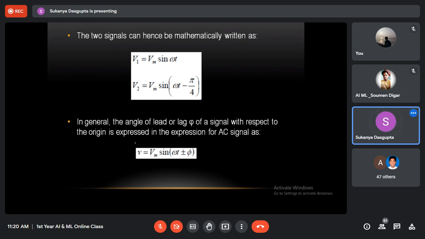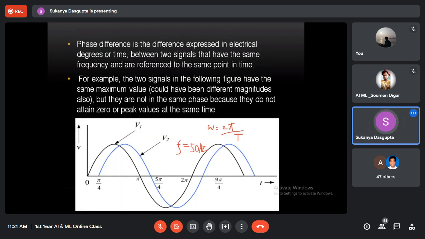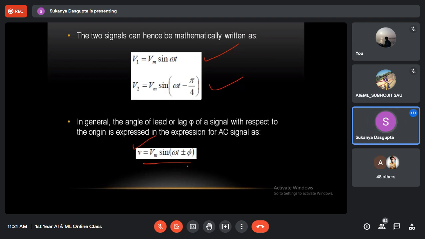So generally, we express any voltage equation as Vm sine (omega t plus or minus phi). This is the generalized equation of a voltage signal with respect to the origin. The signal may be of leading type or lagging type, so we put plus or minus phi. This phi is nothing but the phase angle. Okay, so these two are the mathematical equations for the two signals we have used in this waveform, and this is the generalized expression of voltage with respect to the origin or reference signal. Is it clear to everyone?